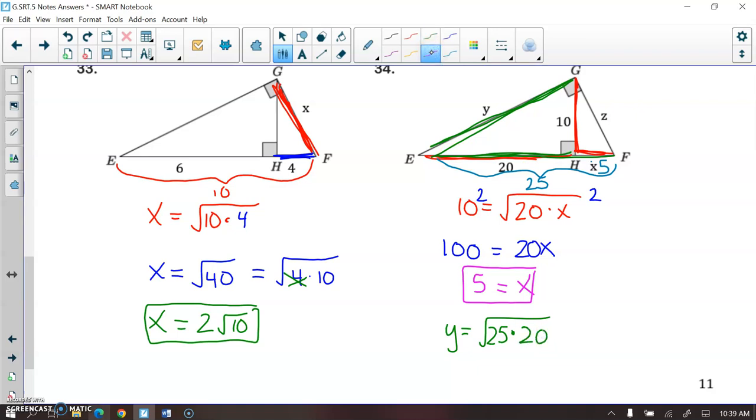To find z, I would do the square root of the product of my whole hypotenuse, which is 25, times the part it's adjacent to, which is 5.